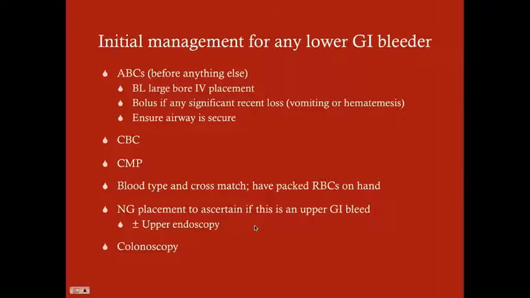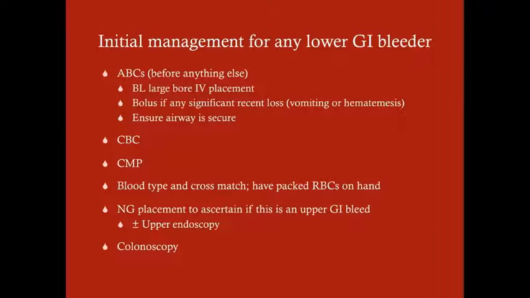Okay, so the initial management for any lower GI bleeder is pretty much similar to what you're going to do for an upper GI bleeder. So, of course, you're going to want to make sure that the patient is stable, and that's going to mean getting a bilateral large bore IV in them, and that's important.